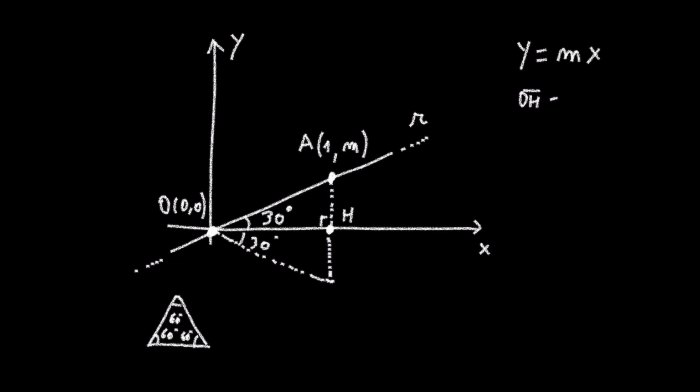So we have that OH is 1, and by geometric relationships, OA equals 2 AH, which equals 2m.